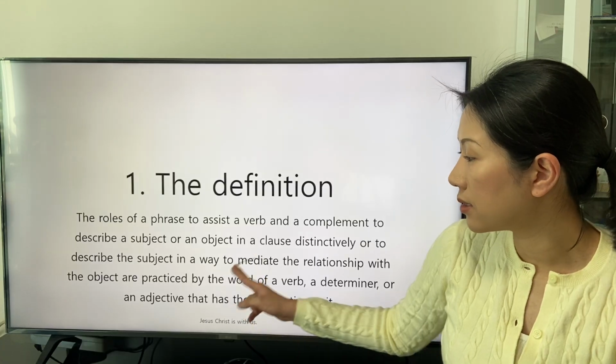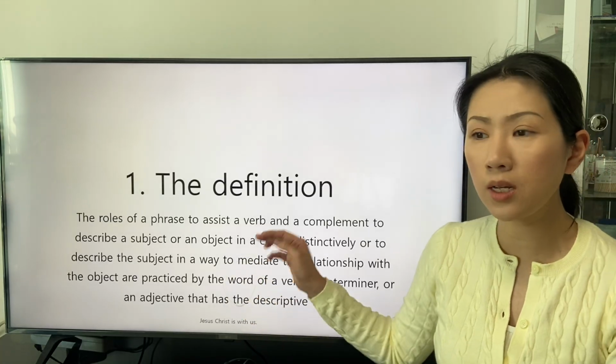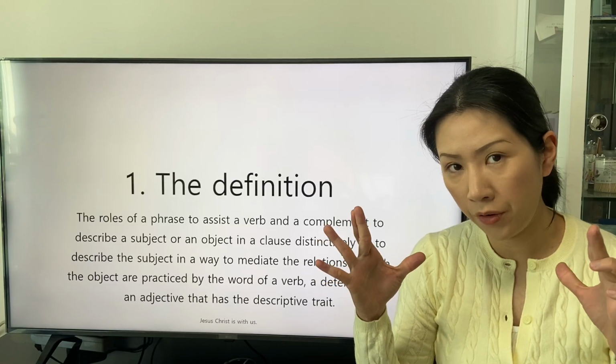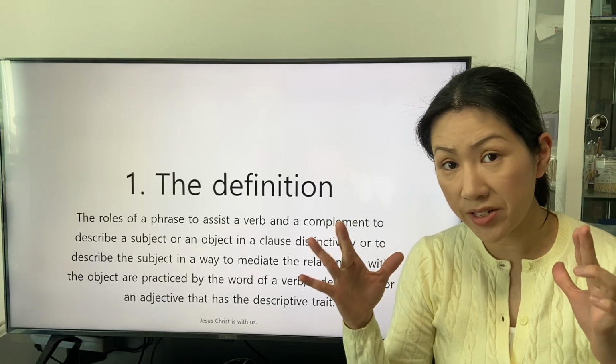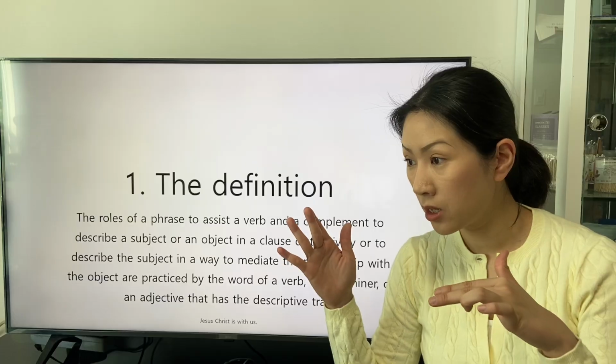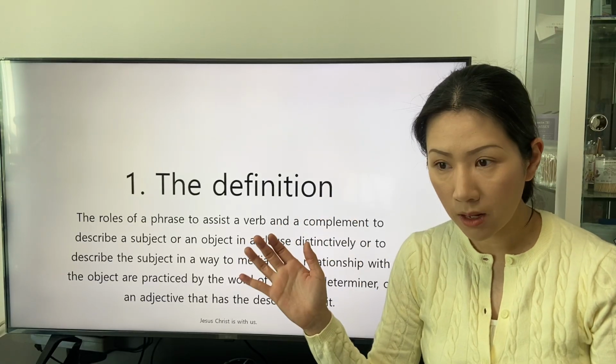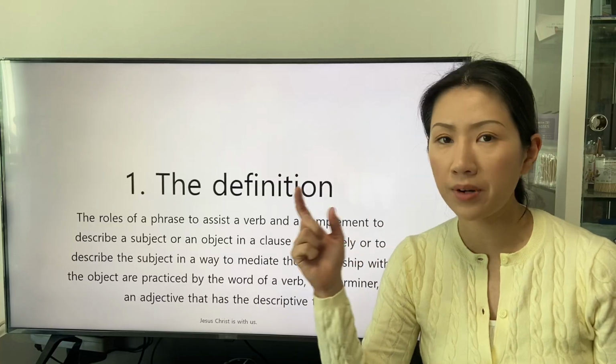And this explanation is about the verb phrase and the complement having the descriptive trait.